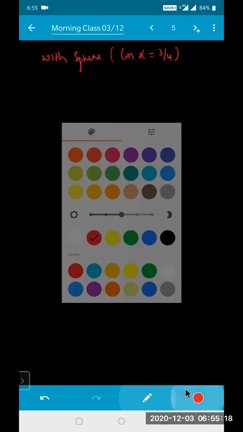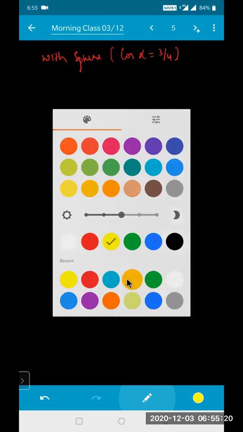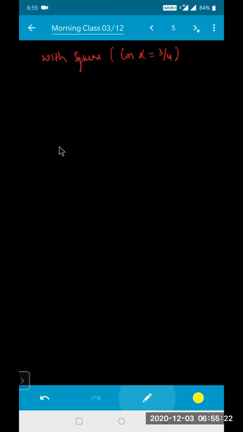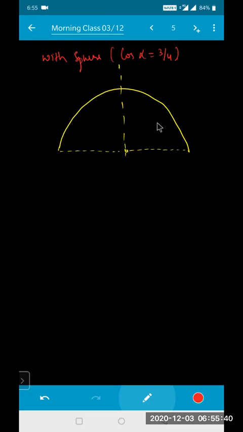I'll just give the diagram for you. See here, this is the diagram given for us. This is the center, this is the vertical. Already the block is here, not at the highest position.